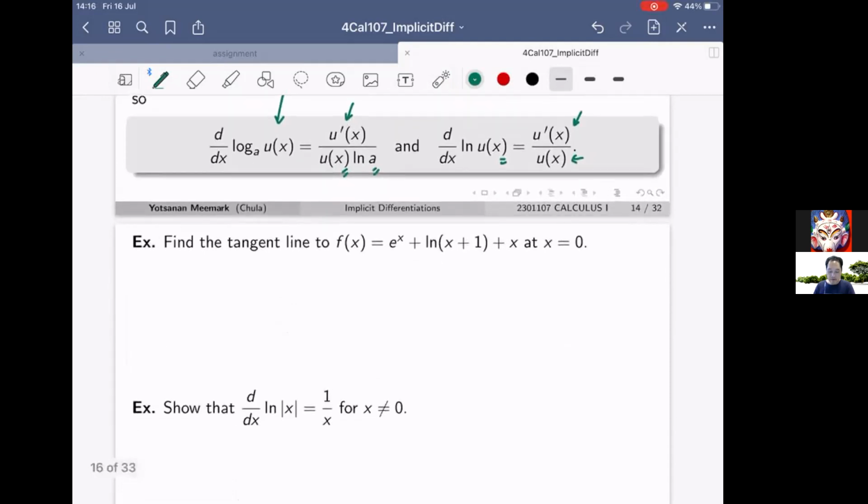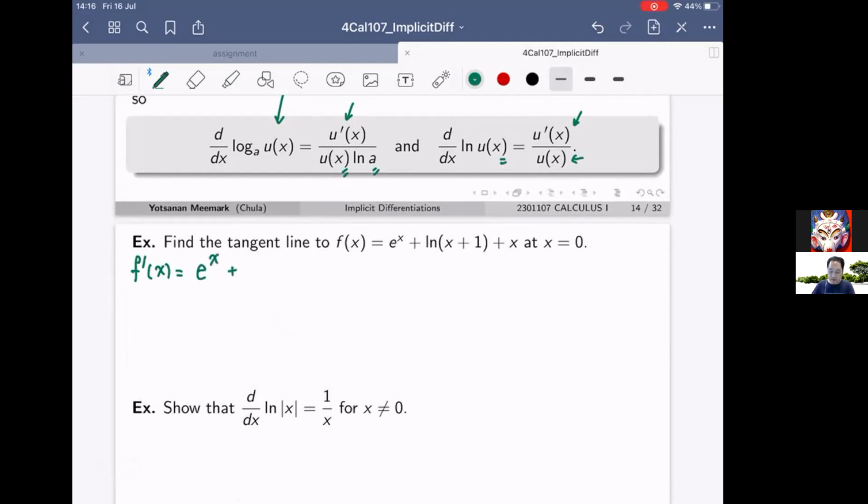So here, if you want to find the tangent line of this function at x equals 0, again, all you need is to find f prime at 0. To find that, you need to find f prime at any x first. The derivative of e to the x is just e to the x itself.